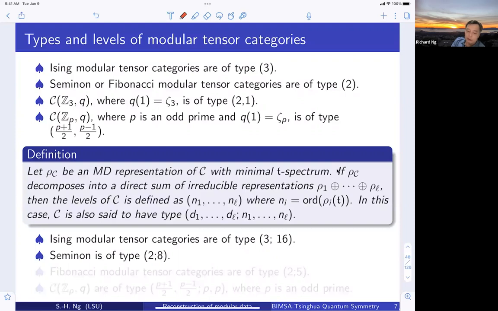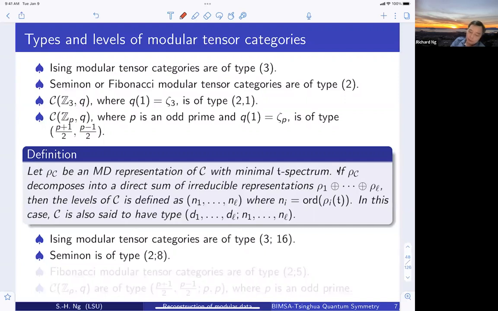Another variation is on the modular tensor category. This is an actual result of Müger. If you have a non-degenerate braiding, then you can take whatever spherical structure, and you still get a modular tensor category. That means you still can write down the modular data. So in addition to the Galois conjugate, you can also get new modular data by using another spherical structure.